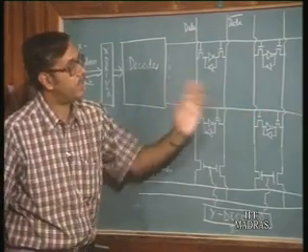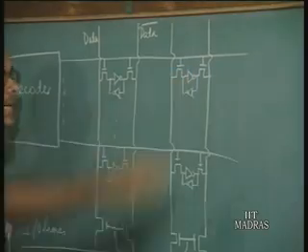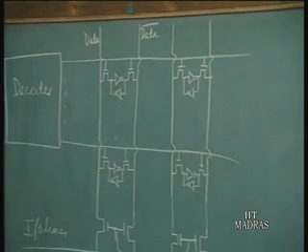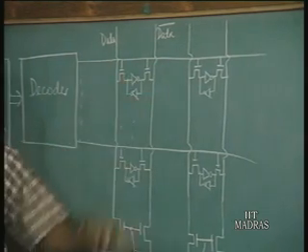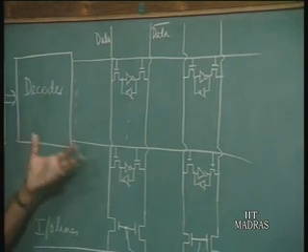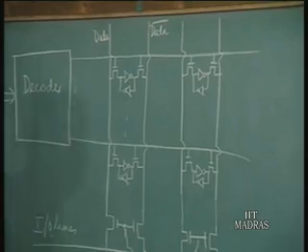So, 512 rows and 512 columns. So these address lines, word lines and bit lines are going to be extremely long, and they have large capacitances and resistances, and so there is going to be a lot of delay in charging and discharging these lines.